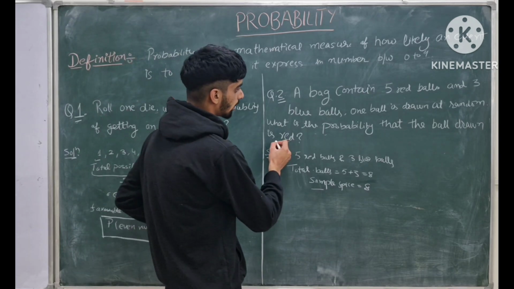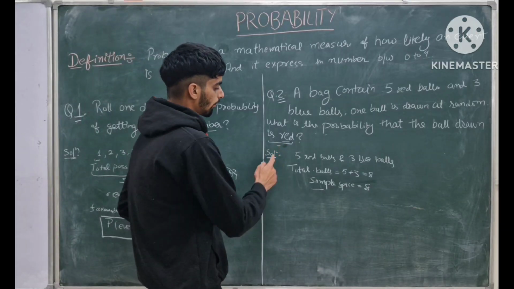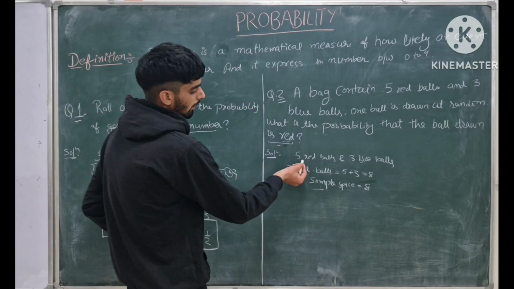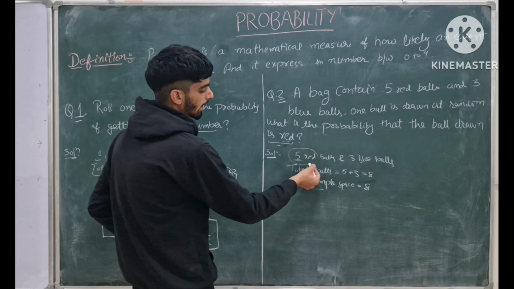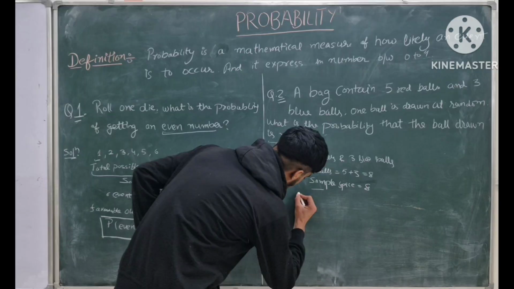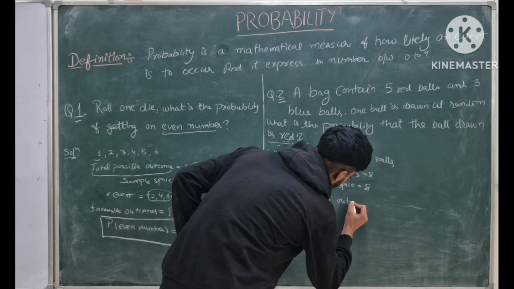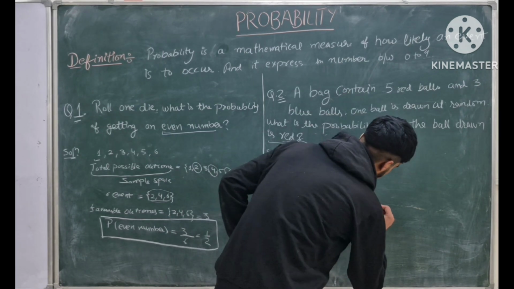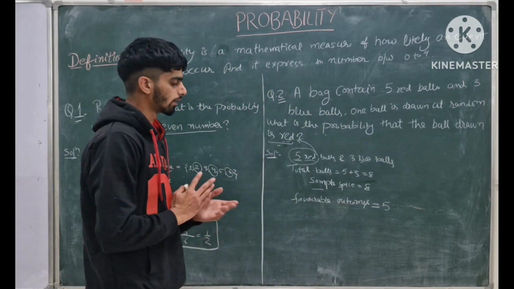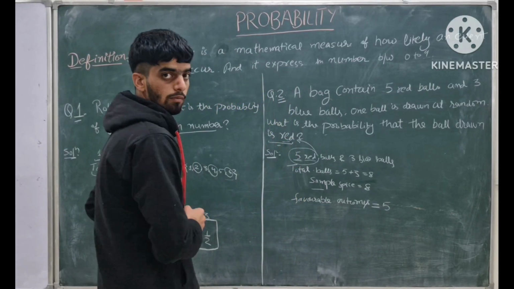Our event is the probability of getting a red ball. So what will be our favorable outcome? Our favorable outcome will be 5, because these 5 balls are red and satisfy our event condition. So our favorable outcomes will be 5.